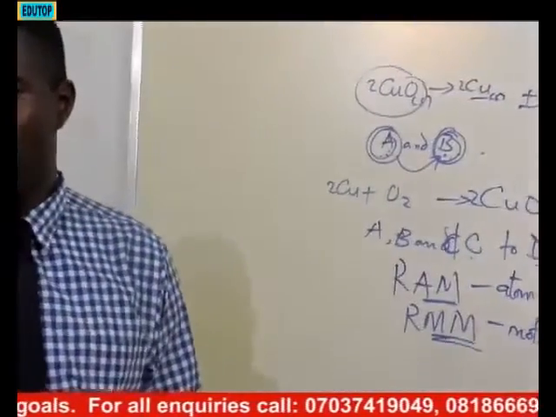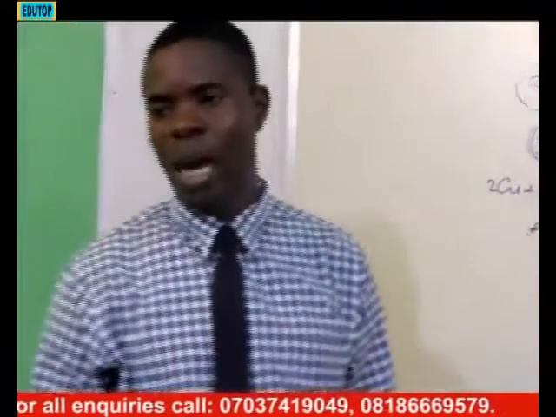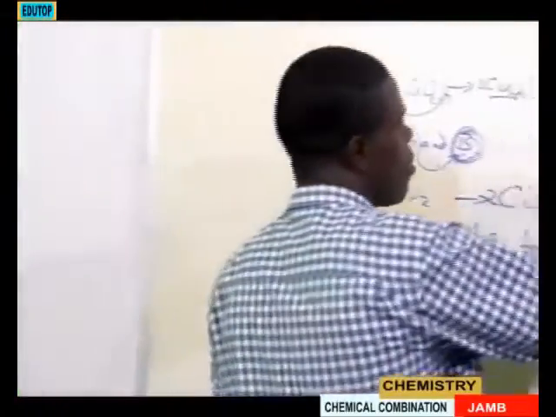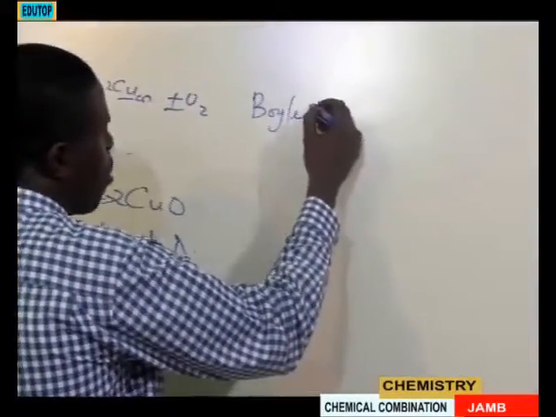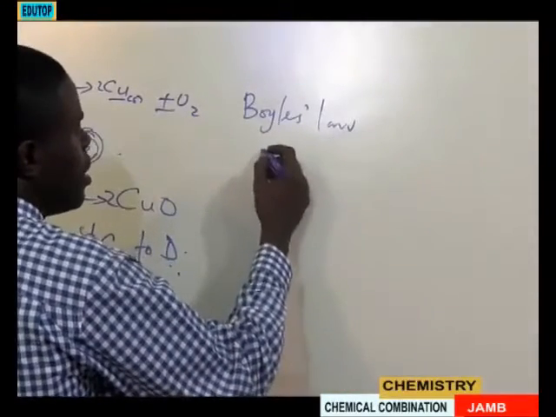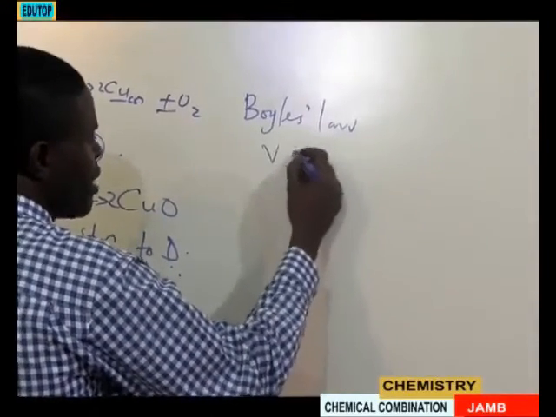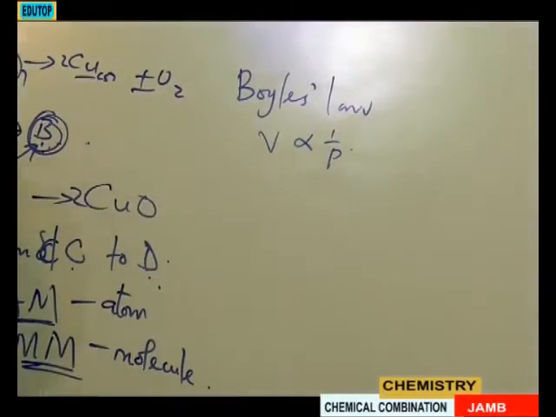So then let's talk about the gas laws that we have. We have Boyle's law, which is the first one. It states that the volume of a given amount of gas is inversely proportional to pressure, provided the temperature remains constant.